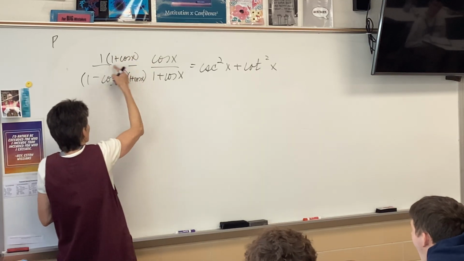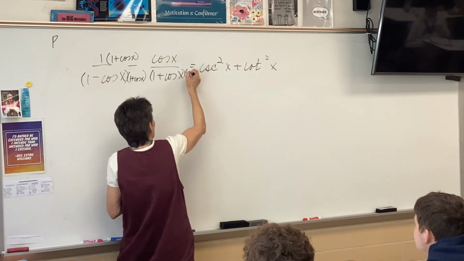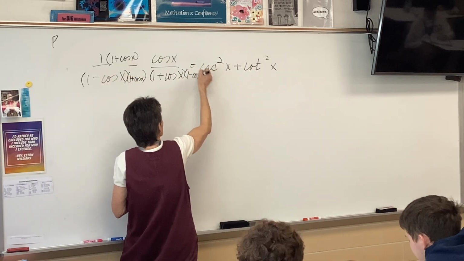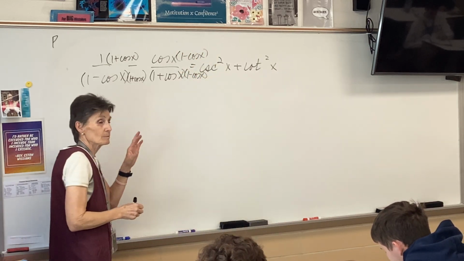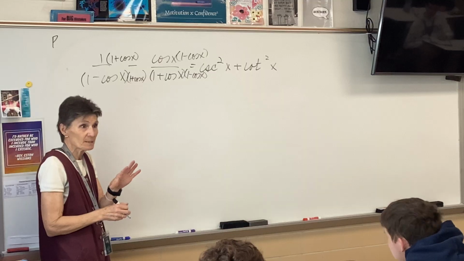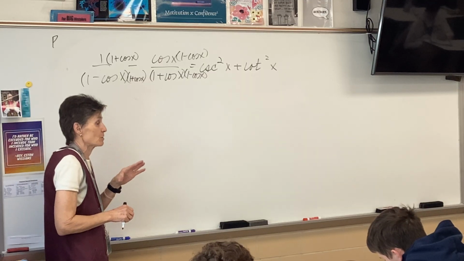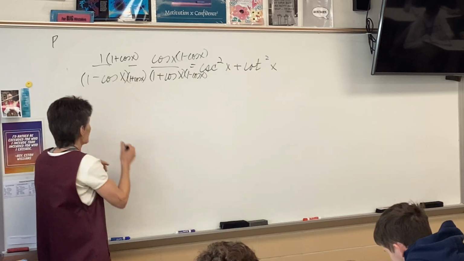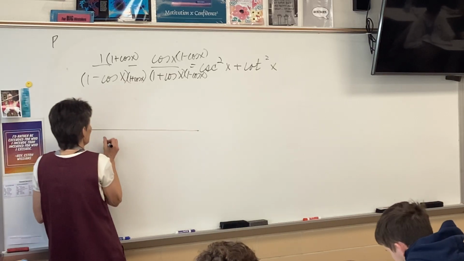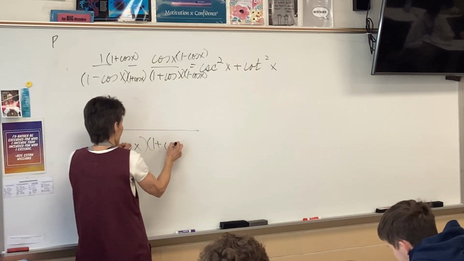So the first fraction needs a 1 plus, and the second fraction needs a 1 minus. Right? I'm getting a common denominator. So I'm simply making my denominators match. Now they match, right? So I'm going to make one fraction, and this is the denominator, my common denominator.